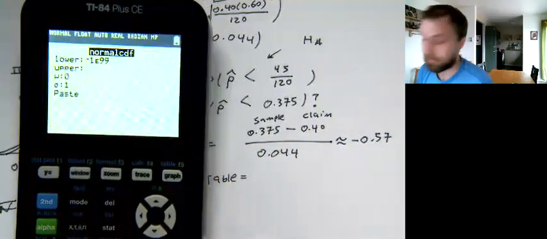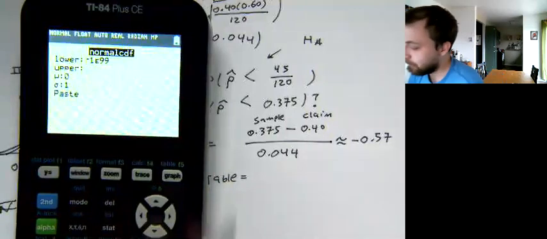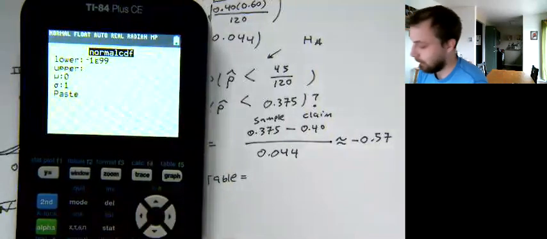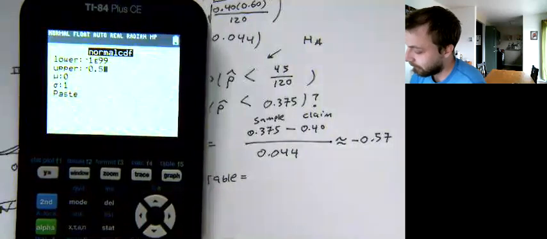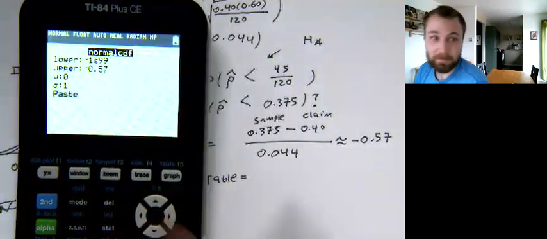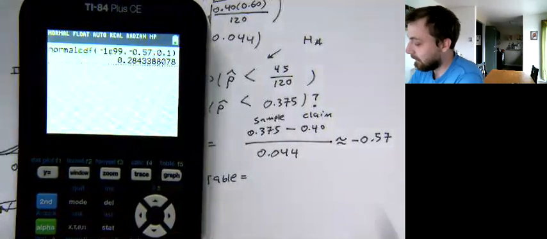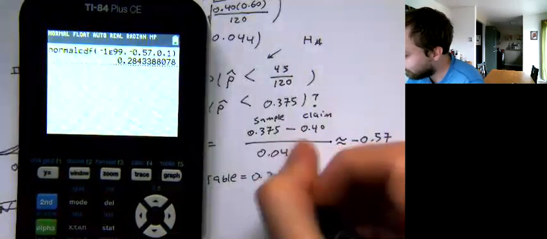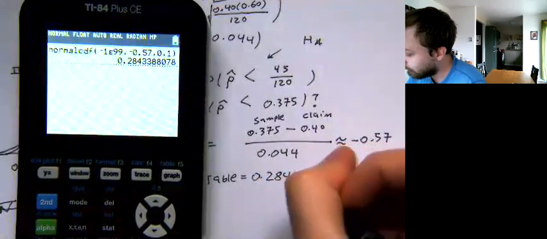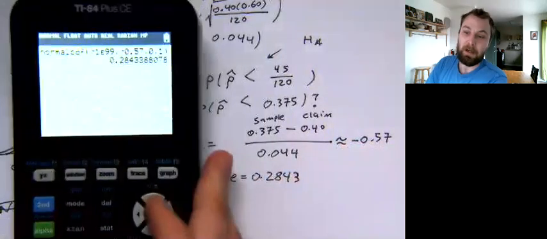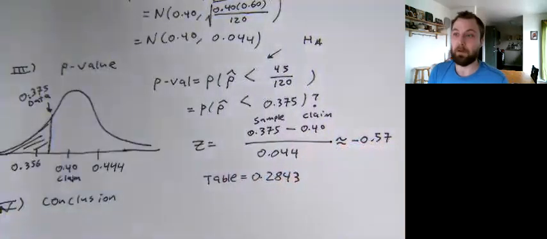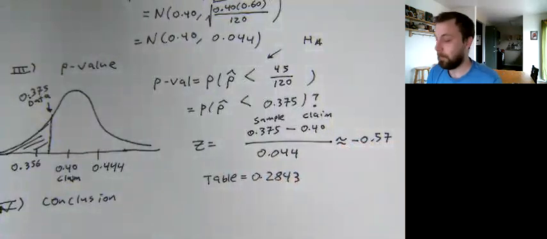I'm going to normal CDF. I'm shaded from negative infinity to negative 0.57, and this will give me the size of that left tail. In this case, I end up with a table value of 28.43 or so, and I would get about the same thing if I'm using TI-83, 84, 89 or GeoGebra to give me a really comparable value.